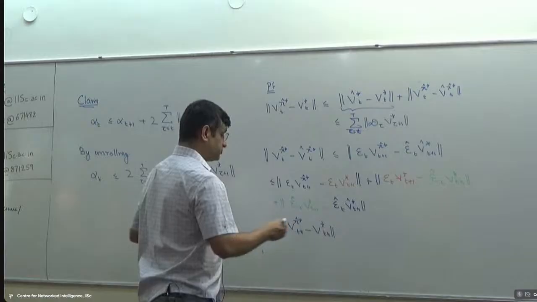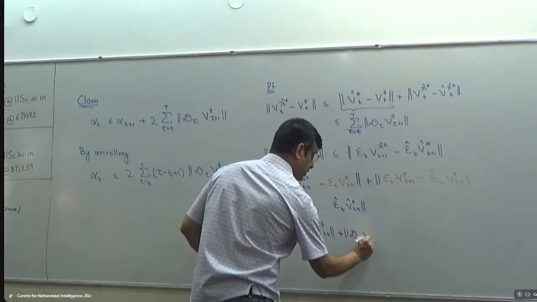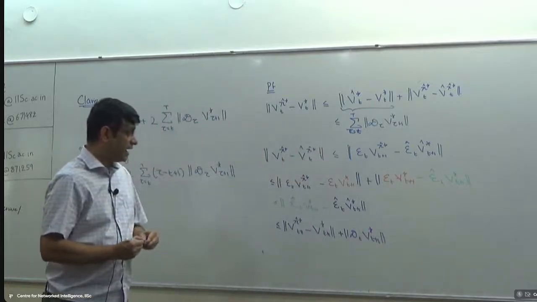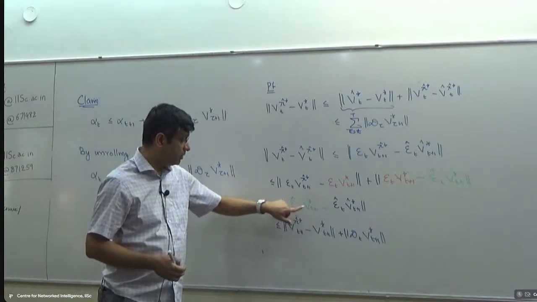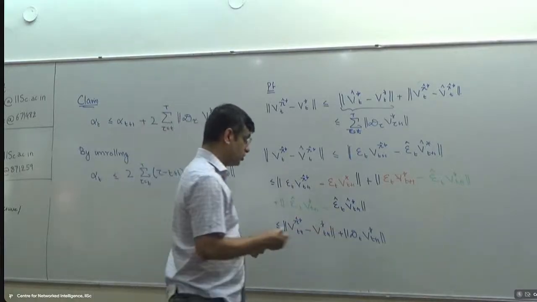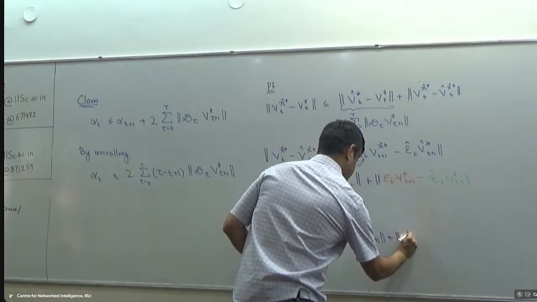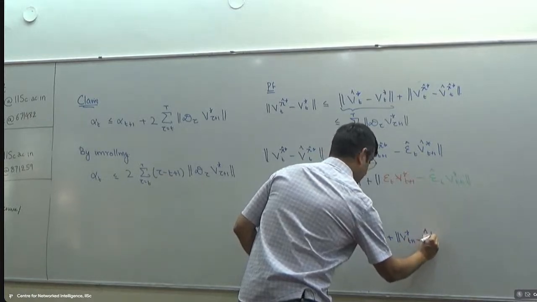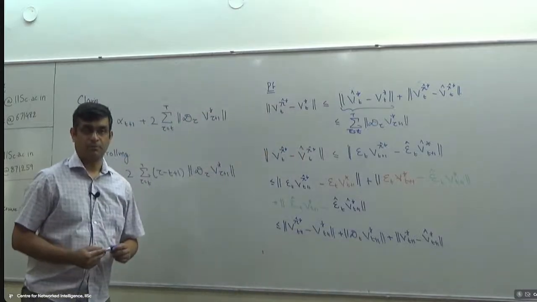So, this is going to be upper bounded by the mismatch operator at t applied to V star t plus 1. And the last term is the same operator applied to different value functions. So, this is going to be equal to V star t plus 1 minus V hat star t plus 1. Okay.